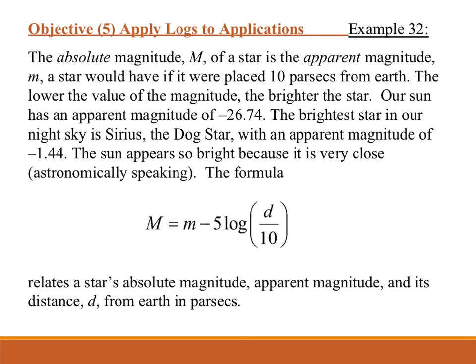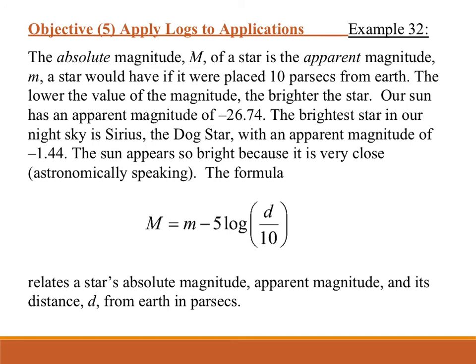Our Sun has an apparent magnitude of negative 26.74. The brightest star in our night sky is Sirius, the dog star, with an apparent magnitude of negative 1.44.